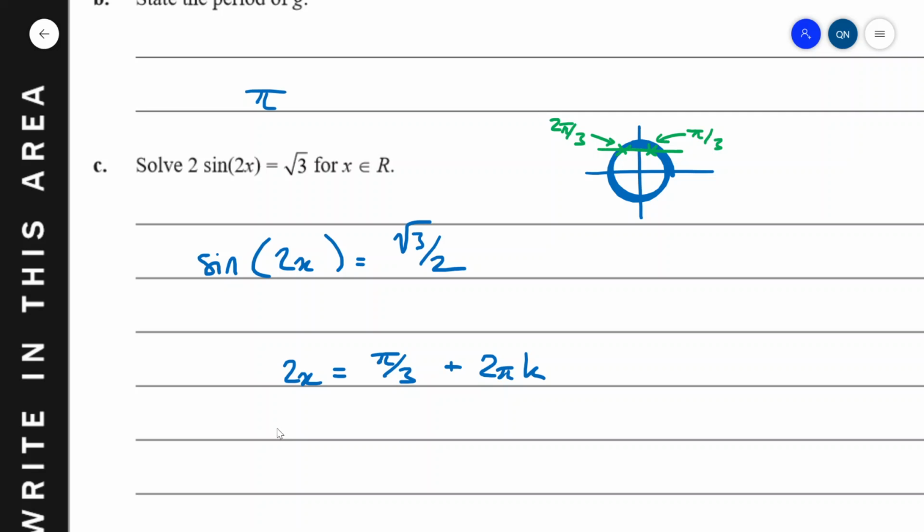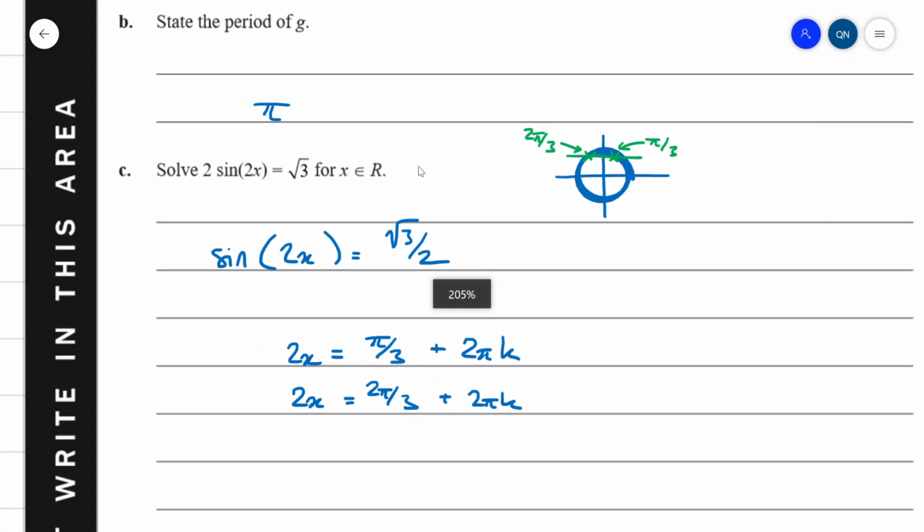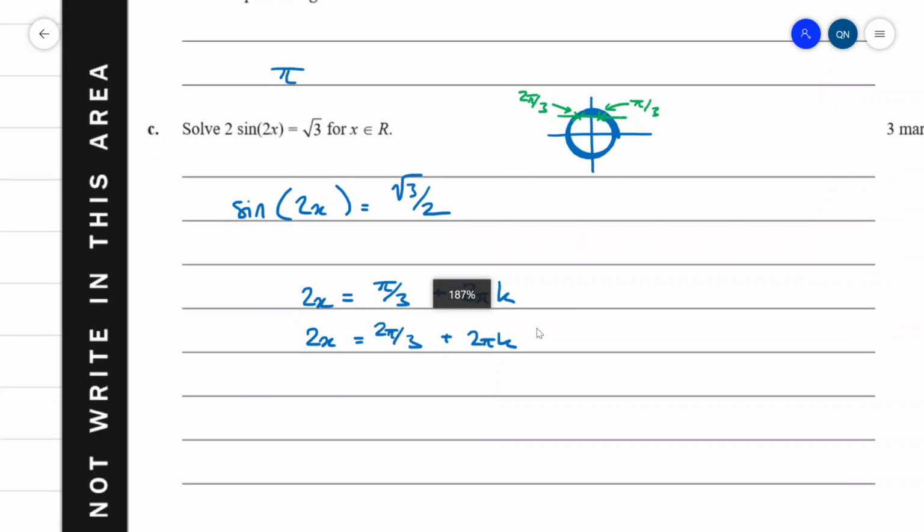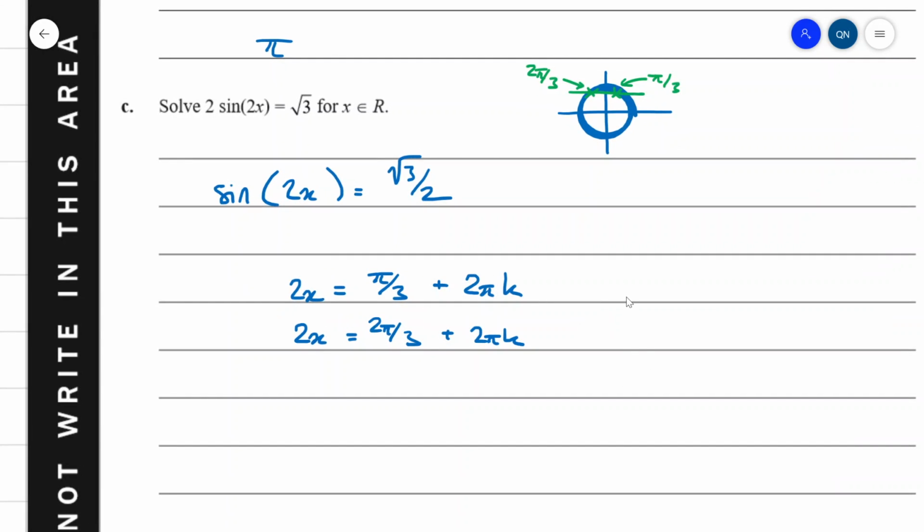It's the 2 pi on 3. So 2x could also be equal to 2 pi on 3. But once again, we could spin around another time, or we could spin around backwards and so on. We just need to add an extra 2 pi k, and it satisfies as a solution that sine of 2x is root 3 on 2. Okay, but we wanted to find x in the very beginning, and by the way, I should also mention that k is an integer.